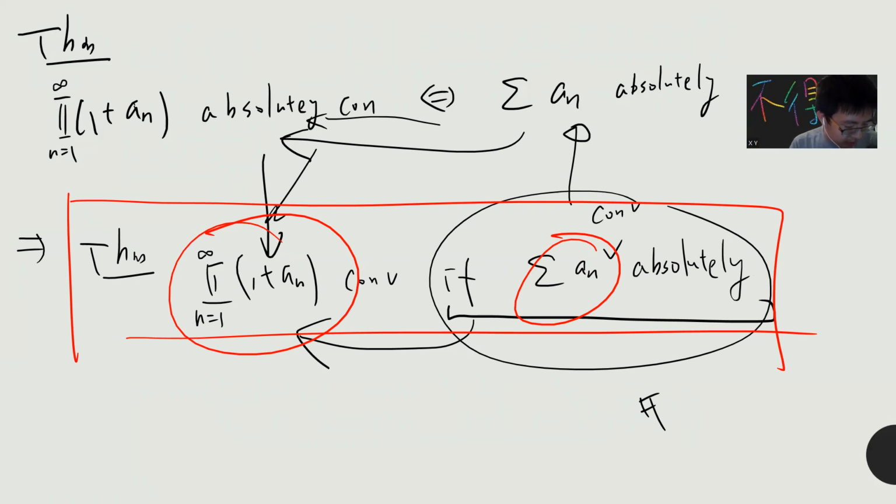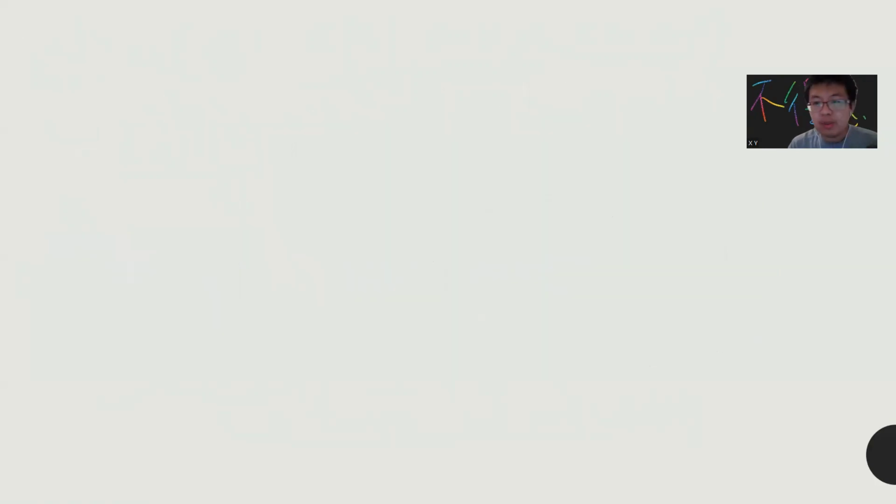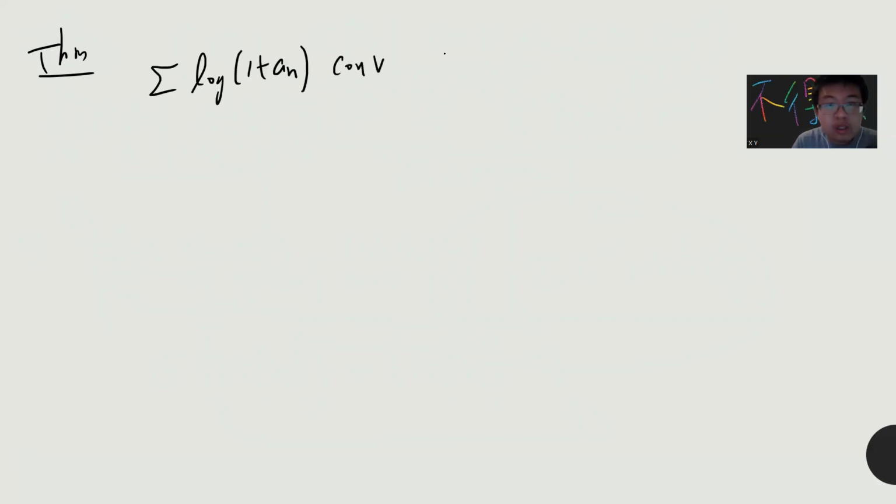Okay, finally I need to talk about another tool which is also commonly used. This is a theorem: if the summation of log(1 plus an) converges, then the product converges. It looks a little bit stupid, right? Because the sum of log a plus log b is log ab.